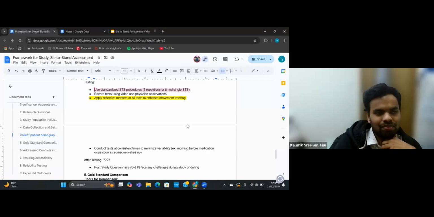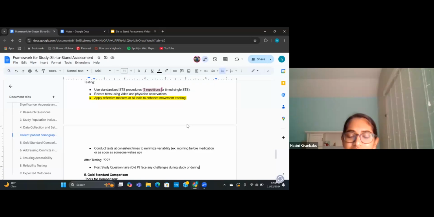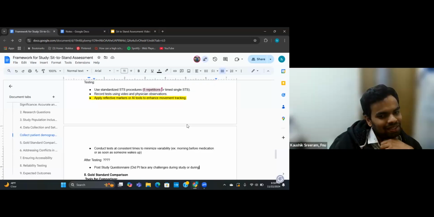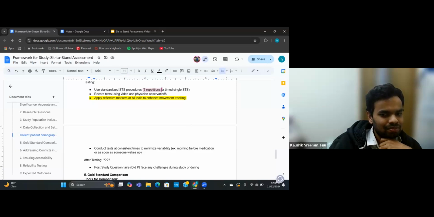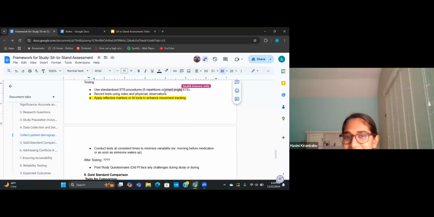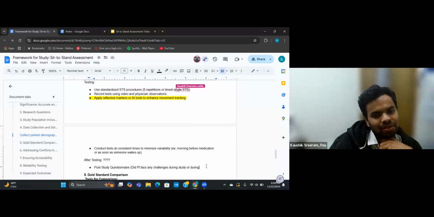We were telling that we would be able to capture that, but what else are you keeping constant? You have told 5 repetitions. Are we keeping time constant? Yes, it's 30 seconds, right? So you need to mention that and say that we are keeping it as 30 seconds.